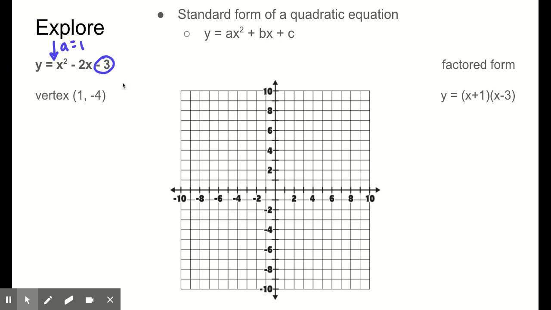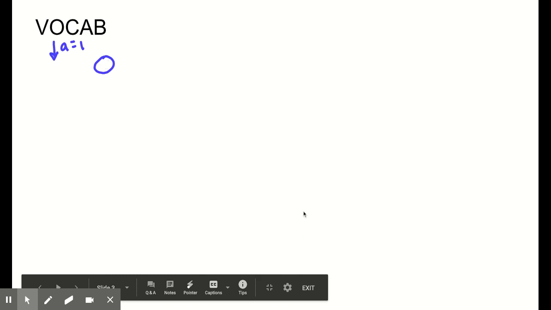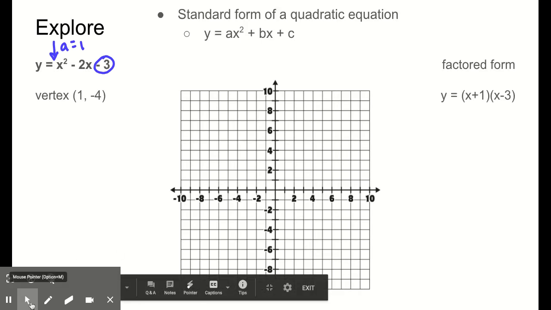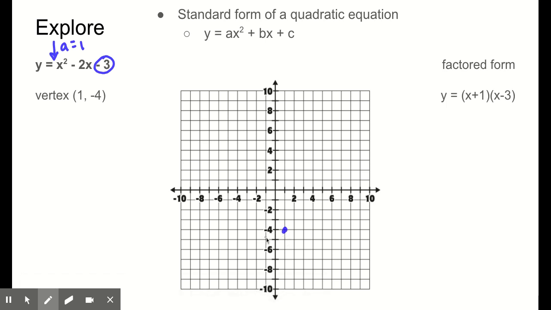So if I take this information to the left and put it on our graph, again, we have our vertex at 1, negative 4. And our a value is 1, and it opens up. So our graphing pattern is the 1 over 1, 4 over 2, and 9 over 3. So I go up 1 over 1, and that is my y-intercept that we already identified as well at negative 3.